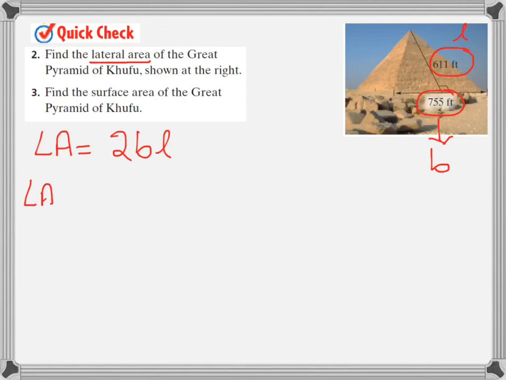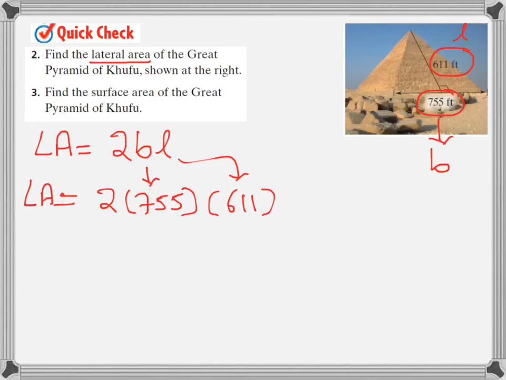So LA is equal to 2 times 755 times 611. Multiply them and you get 922,610 feet squared. That is the lateral area of the pyramid.